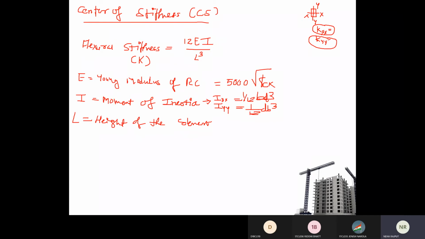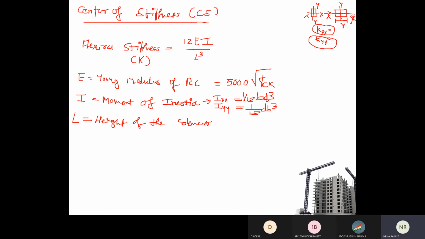So if you are doing any analysis or design, and any column is failing, then one thing you can do is change the orientation and check whether you are getting the same design or not. Because if you change the orientation of this column like this, then this will be your x axis, this will be your y axis.